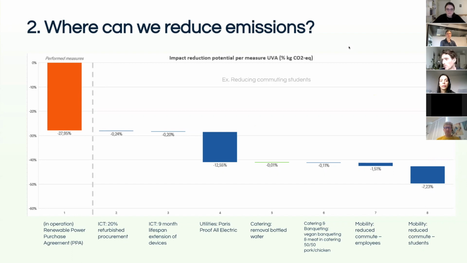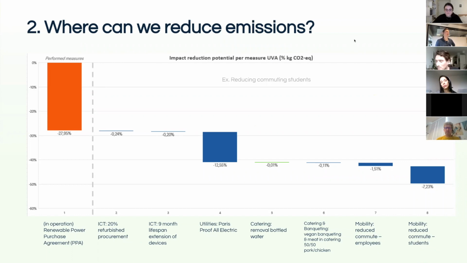The same goes for vegan banqueting, so for conferences and stuff like that, having a vegan meal, and removing beef from the menu and replacing it by pork and chicken, not going all vegan or all vegetarian, has a 0.1% effect on the total. That is what this actually shows.